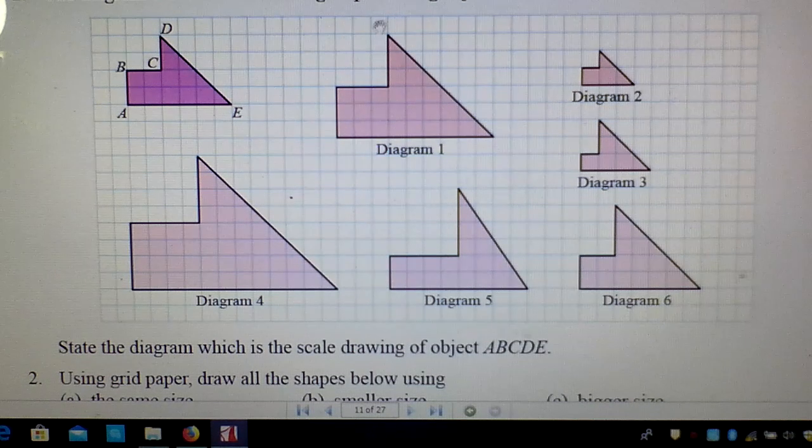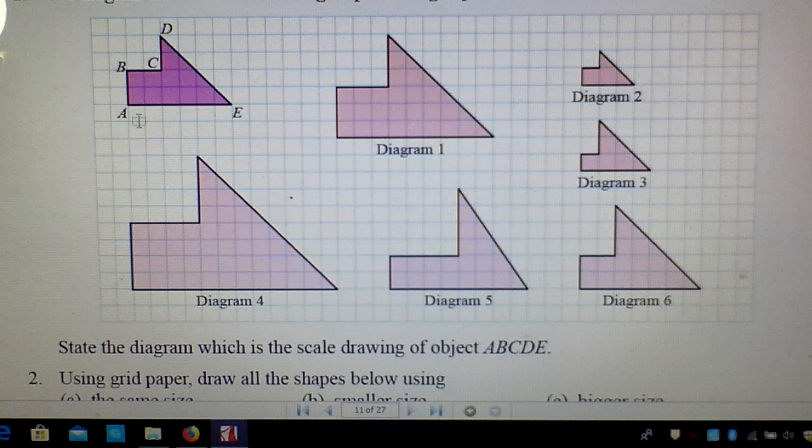So what you do, let's look at the first diagram. Side AB. Here 2, here is 3, so the ratio is 2 to 3. Here BC, ratio also 2 to 3.